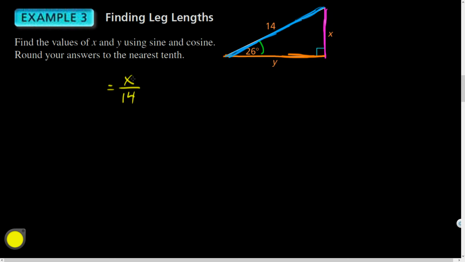Technically, I preemptively thought that the x was going to be in the numerator. In this case, I was right. So I'm going to say that sine of 26 degrees is equal to the opposite over the hypotenuse, x over 14. What is the cosine of 26 degrees going to equal? Oh, no, I'm not even worried about that.